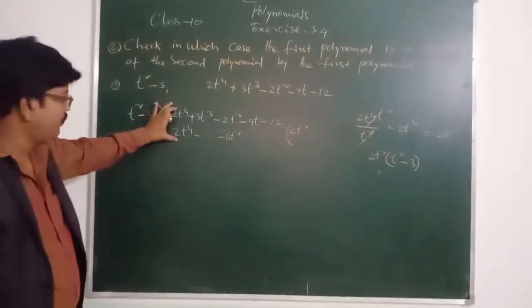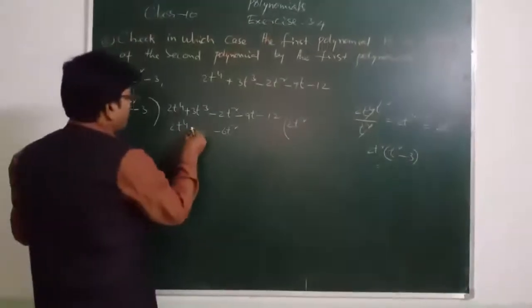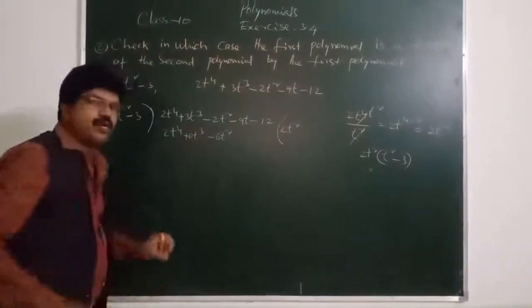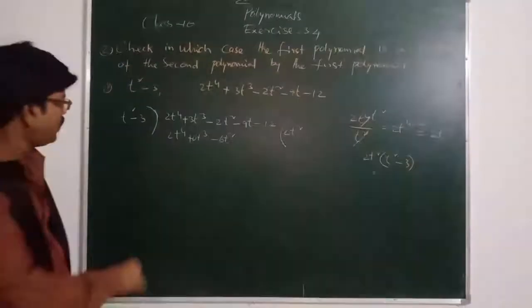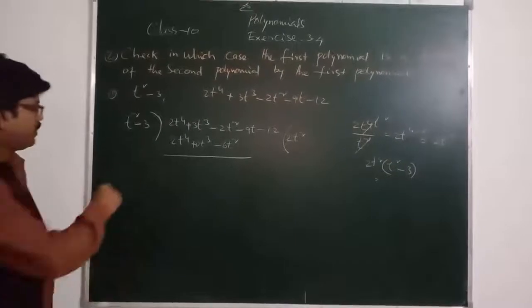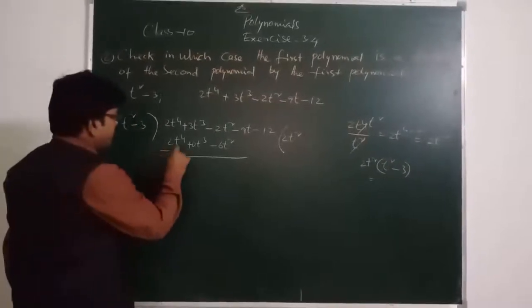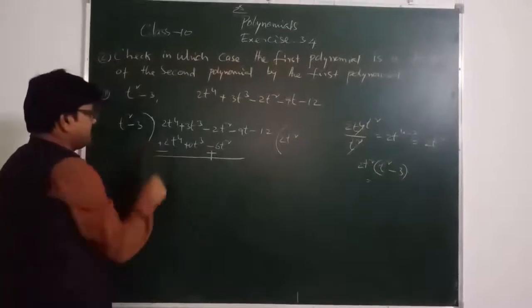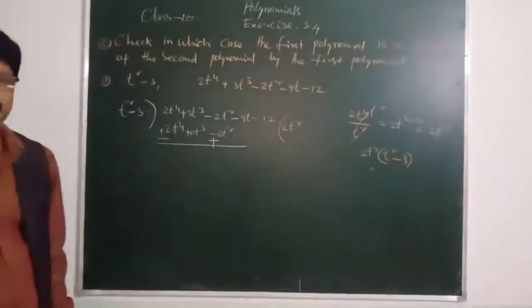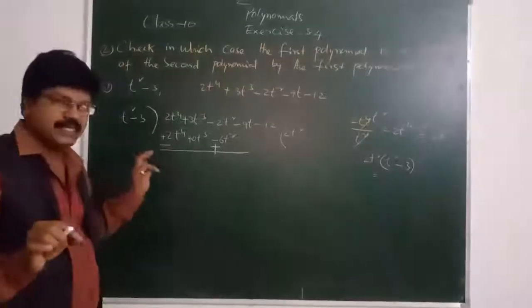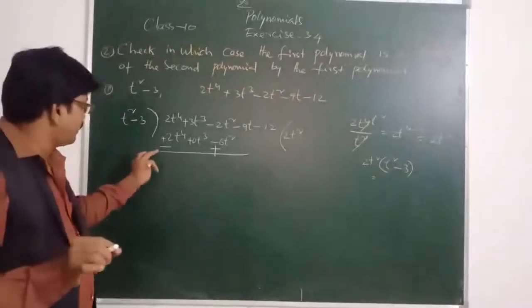Of course, you can also write 0t cube. Now subtract. When you subtract, the symbols change: plus becomes minus, minus becomes plus.